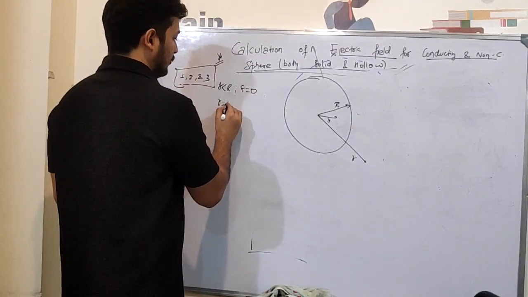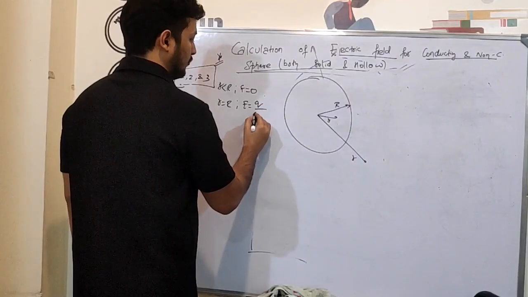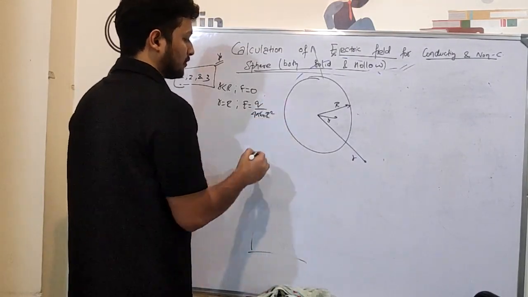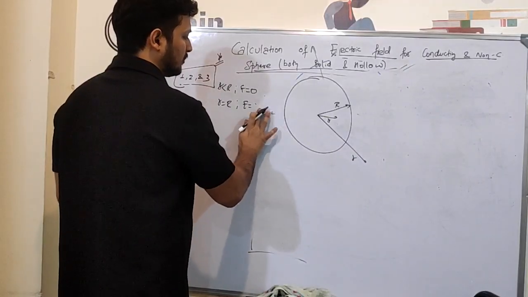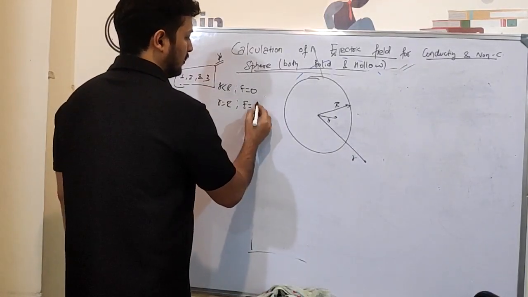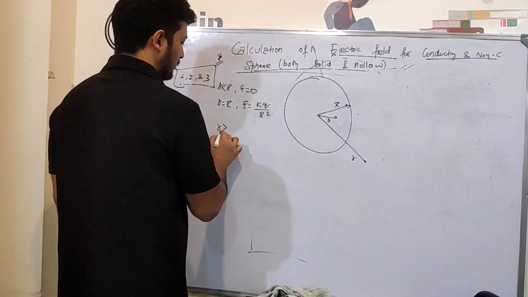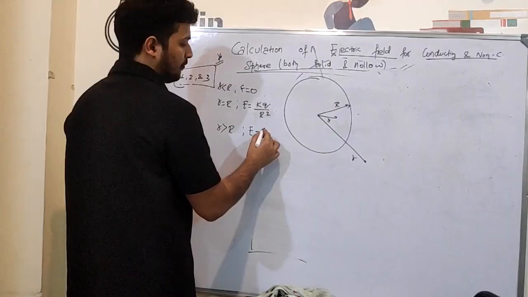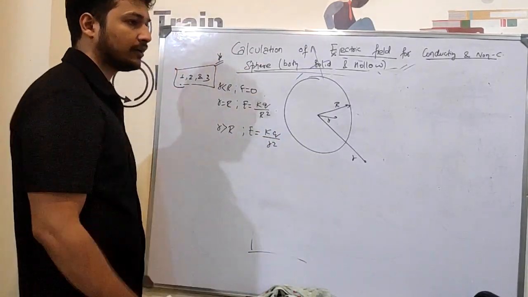For r equal to R, electric field was equal to q by 4 pi epsilon naught multiplied by 1 by R square, or you can just say the value of 1 by 4 pi epsilon naught is nothing but k, so kq by R square. And for r greater than R, the value of electric field outside will be equal to kq by small r square.